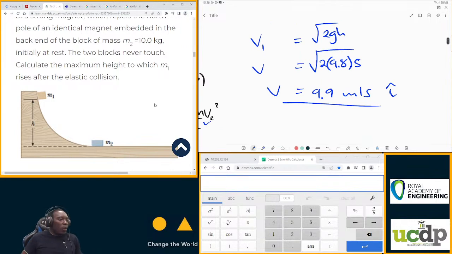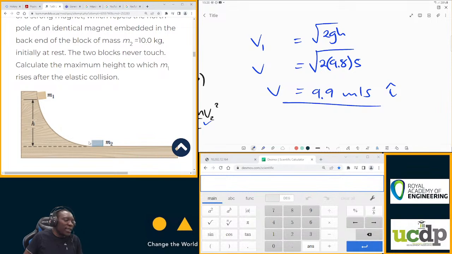Now, we need to find the rebound velocity. For such a system, where the two do not touch, we can use the elastic collision equation to determine the velocity after collision, or the rebound velocity, for this block.